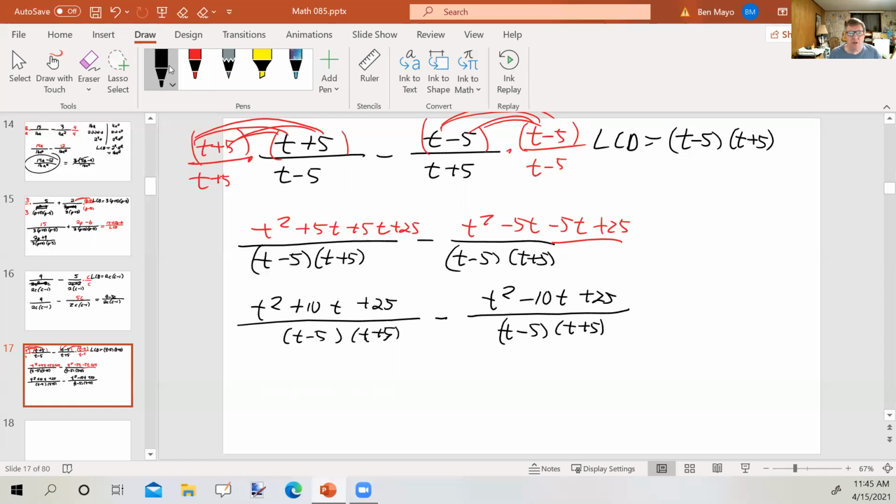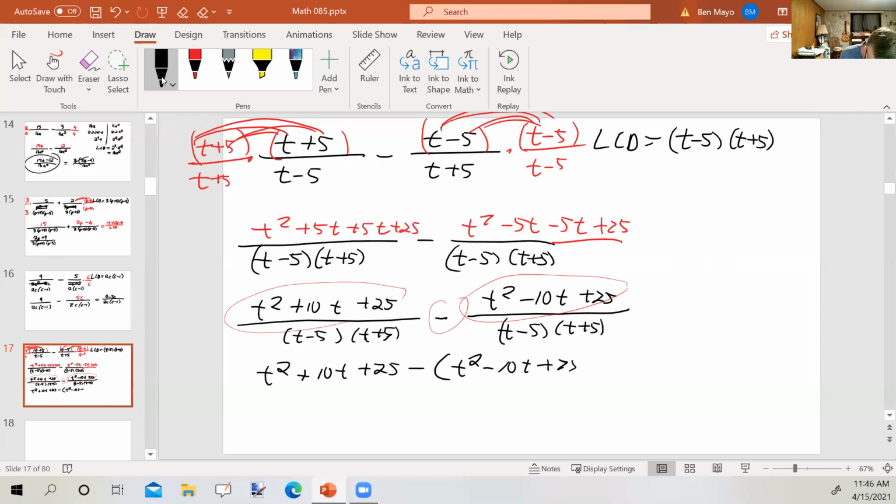Now we have a situation that I kind of warned you about yesterday. We've got this numerator minus that entire numerator over the least common denominator. So my next step is going to be t squared plus 10t plus 25 minus the quantity t squared minus 10t plus 25 over the LCD.